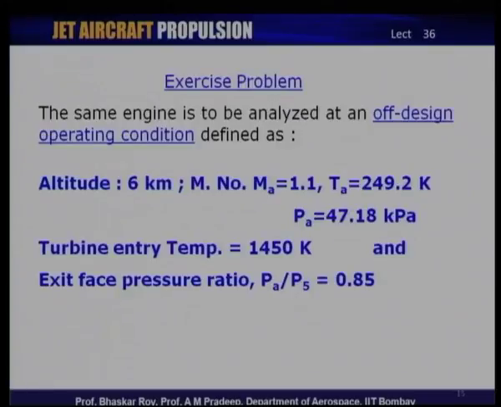We will now leave you with an exercise problem, which is configured at an off design condition under altitude of 6 kilometers, and it is flying at a Mach number of 1.1. At that altitude, the prescribed temperature is 249.2 Kelvin and the pressure is 47.18 kilopascals.